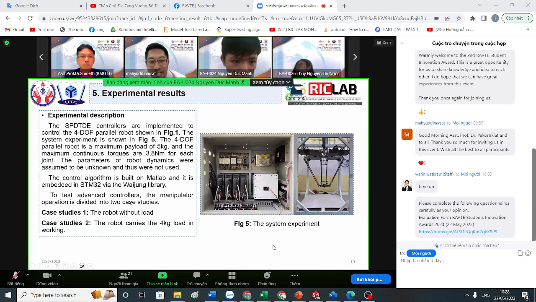Case number 2, in the experiment, the real model robot only carries 4 kilo.